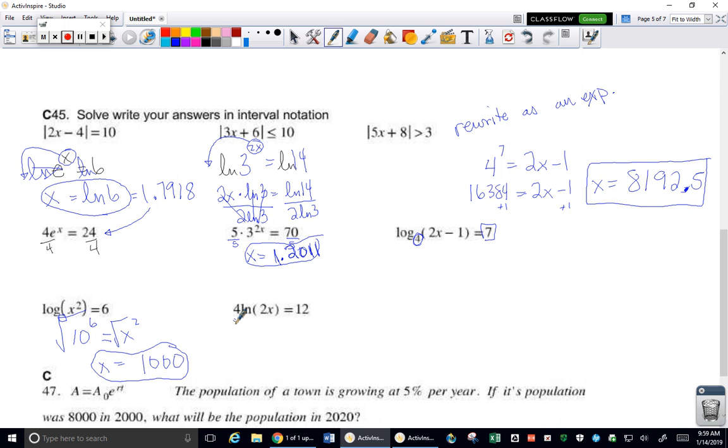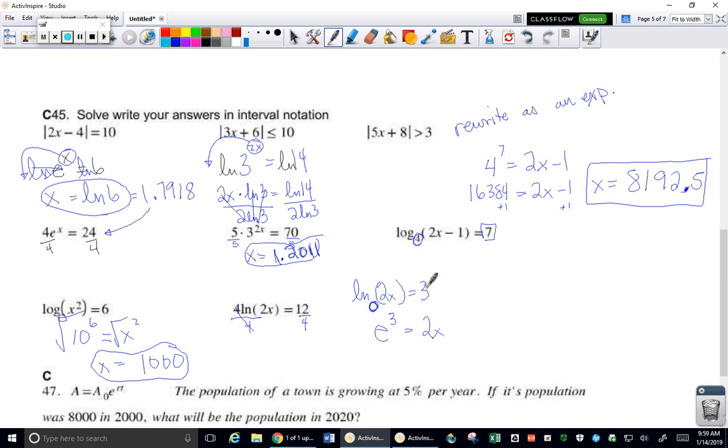Okay, so for this one, I'm going to first divide both sides by 4 because you don't want to have anything around your natural log. So the natural log of 2x equals 3. A natural log also has a special base, and that base is e, and it will never be written there. So you have to remember natural log is log base e.